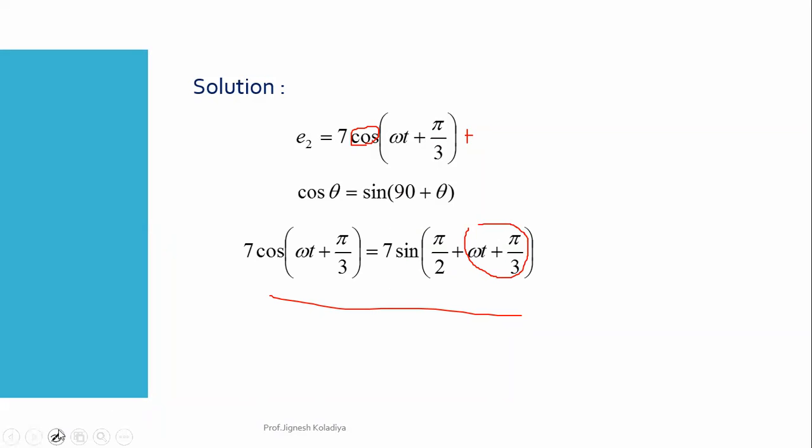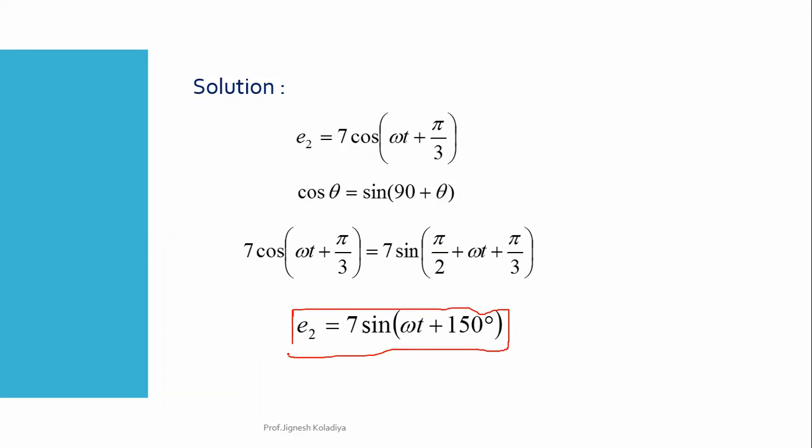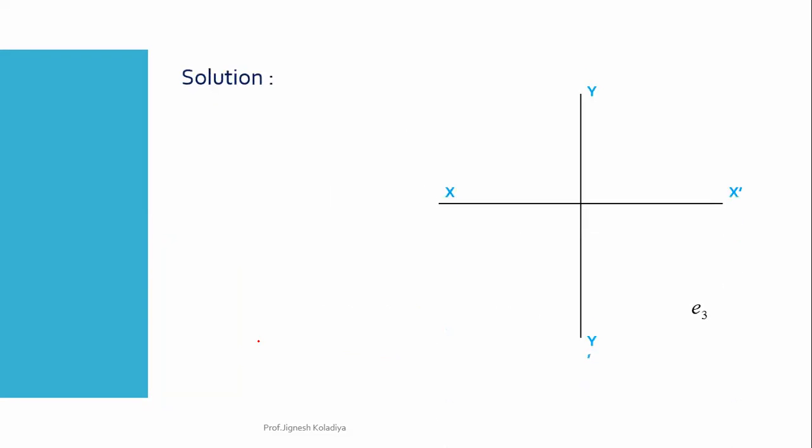Now you can see the second vector is also in the form of sine. Now easily I can use this form and draw the vectors, but you have to use this form from now onward. Do not use the cosine form in order to draw the vector. Okay, so let us draw the vectors. Four vectors are there. So this is my x and y axis.